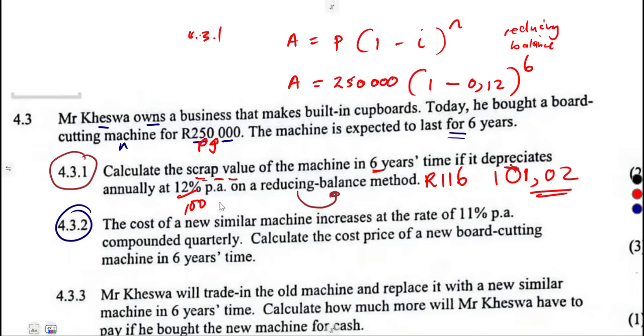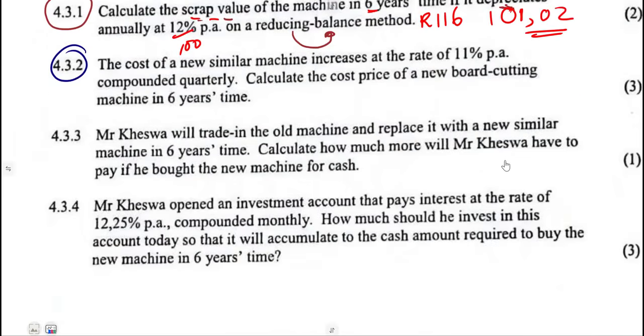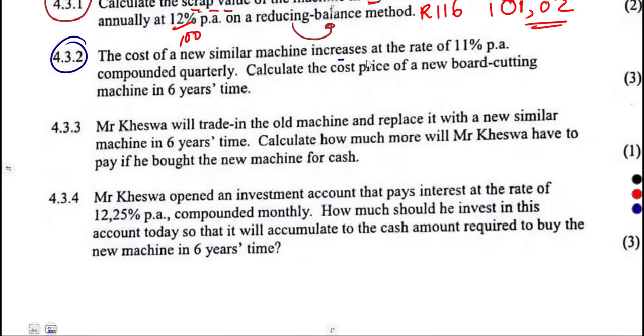Then 4.3.2, the cost of a similar machine increases at a rate of 11%. There's an increase this time. And it's being compounded what? Quarterly. Calculate the cost price of the new board cutting machine in 6 years' time.